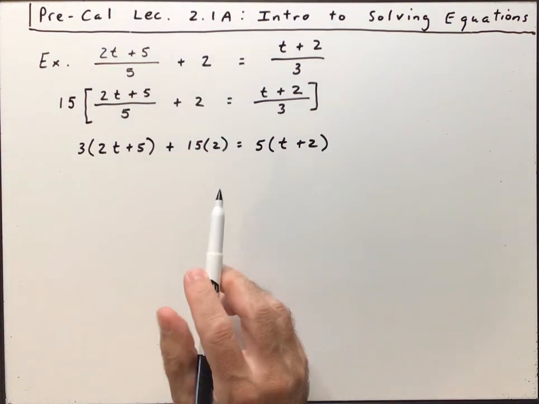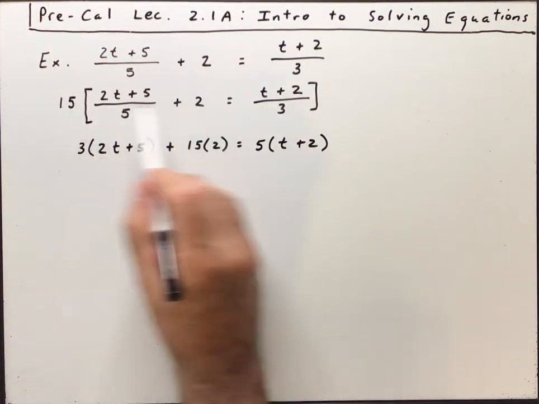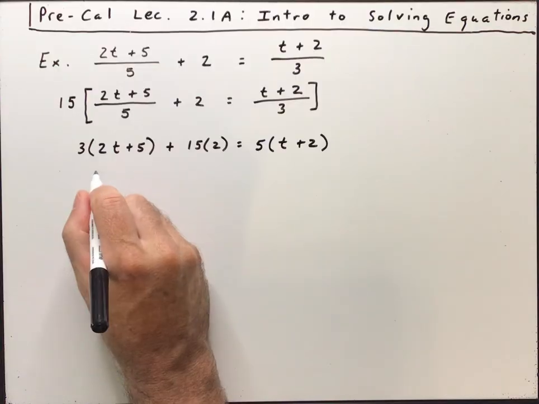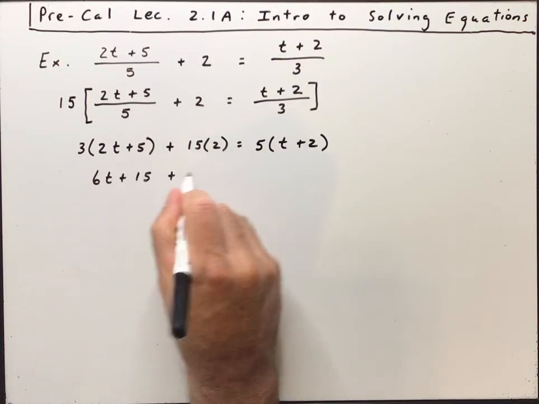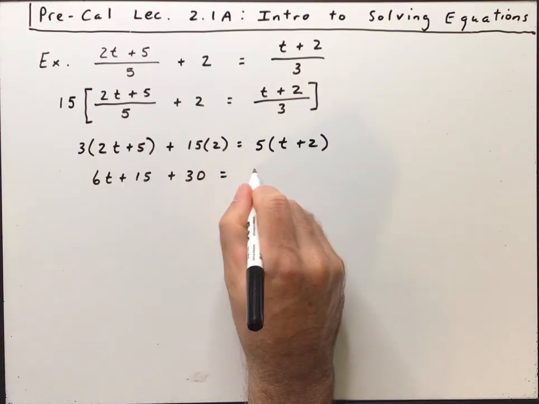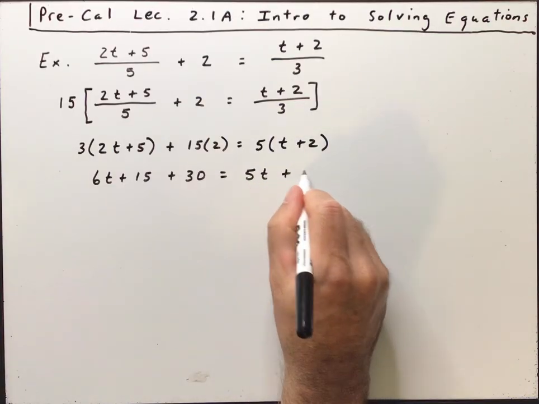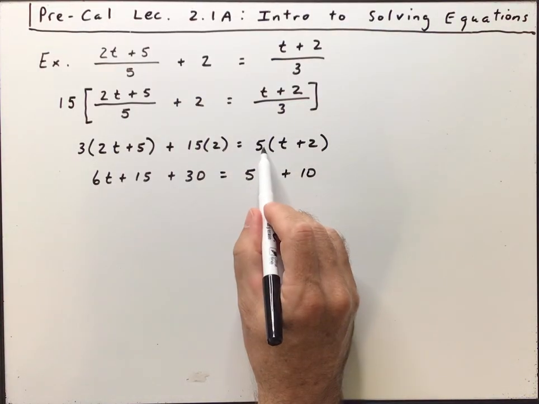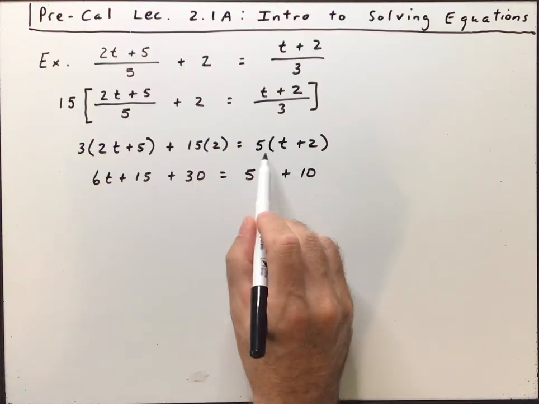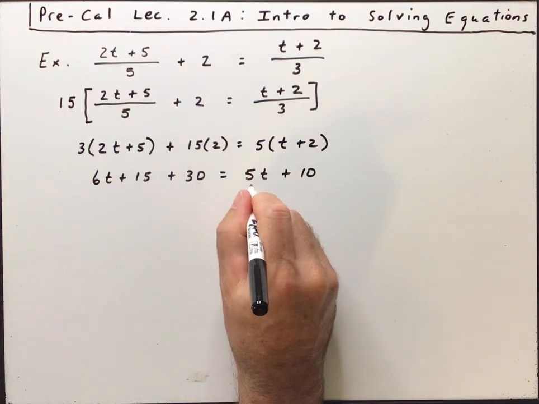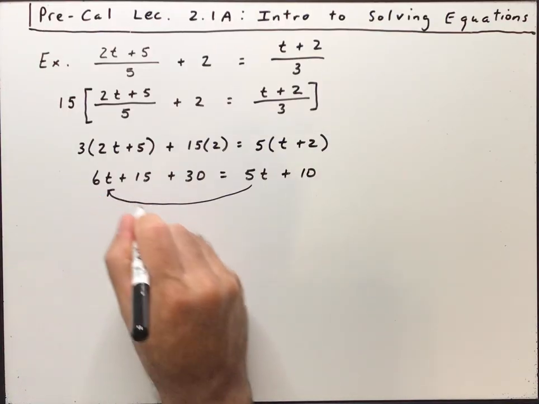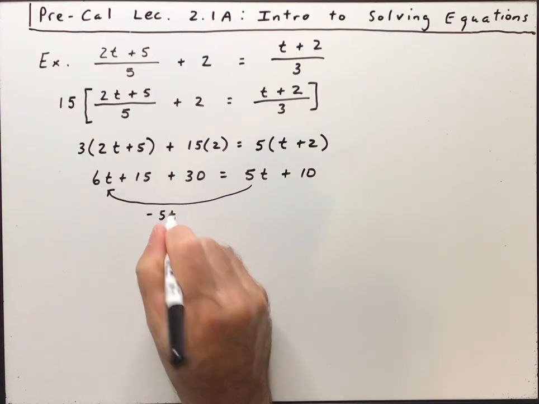What students will do on this is they will forget to multiply the 15 times the 2. So we've got 6t plus 15 plus 30 is equal to 5t plus 10. Students often forget to distribute across both terms as well. So just be careful. We're going to move that 5t over here, so minus 5t.